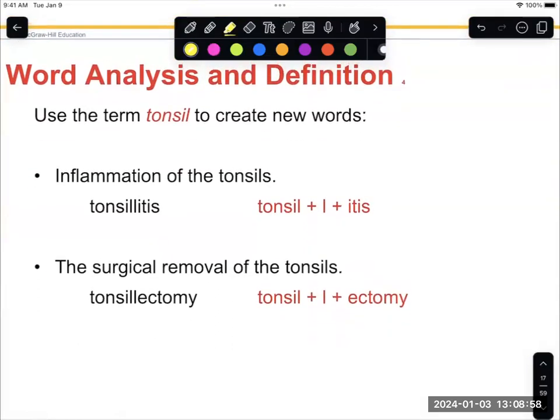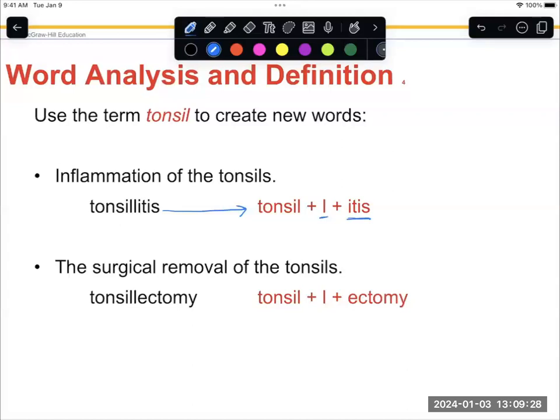So let's look at some terms for tonsil. Tonsillitis is that inflammation of the tonsils. When we spell out tonsillitis, we add an extra L before we add that itis for inflammation.